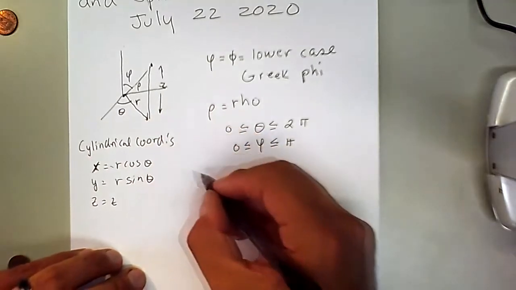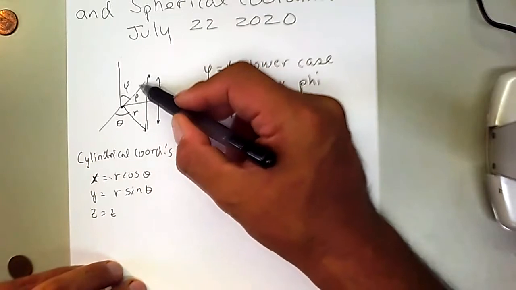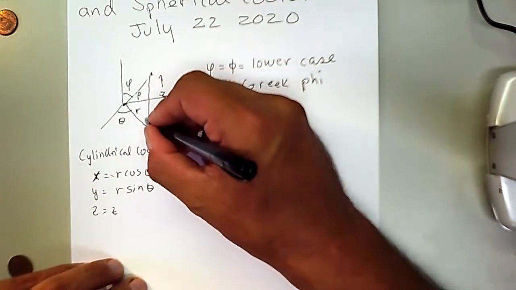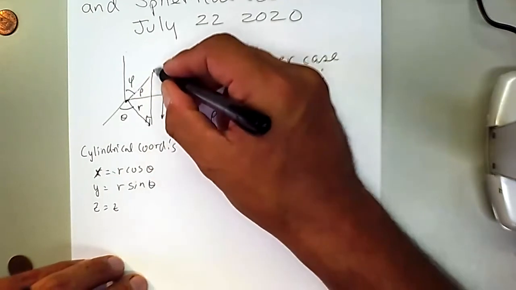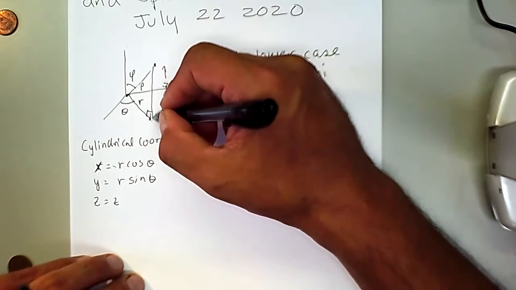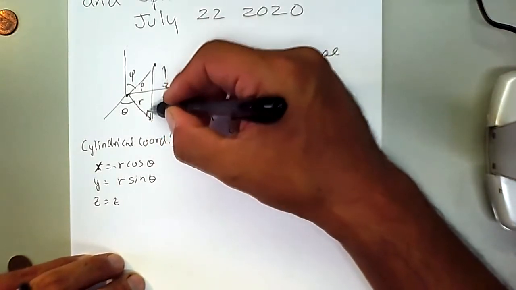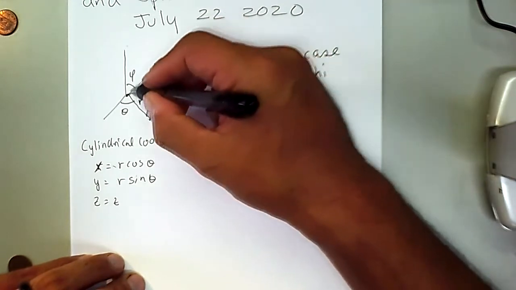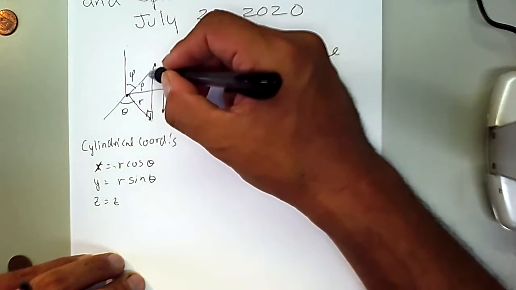Okay. In spherical coordinates, if we observe, there is rho, and there is a 90-degree angle here. So we have a right triangle with the point, the origin, and the projection of the point down to the xy plane. Looking at this triangle, phi is here.